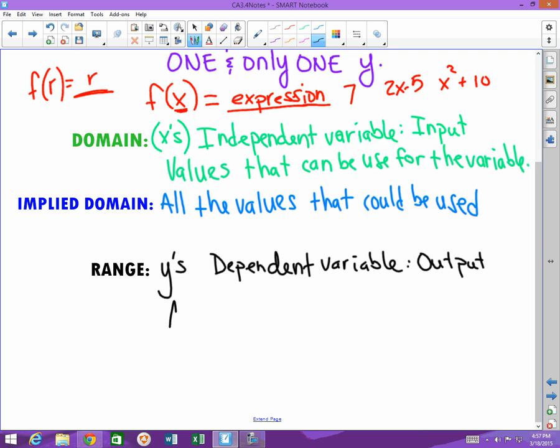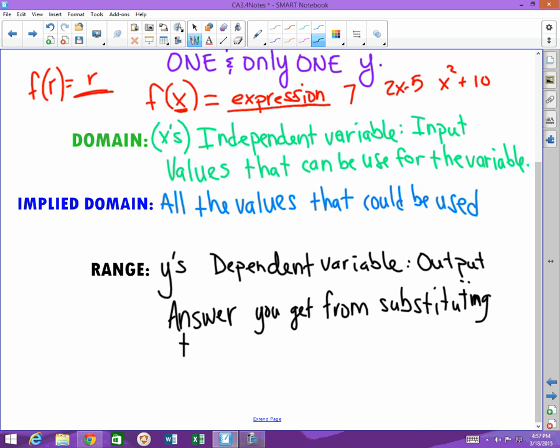And it would be the answers you get from substituting the domain values into the function.